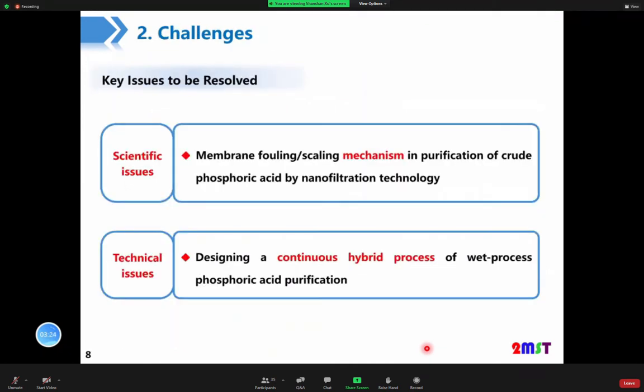Thus, there are 2 key issues to be resolved. The first is the membrane fouling or scaling mechanism in purification of crude phosphoric acid by nanofiltration technology. Another is designing a continuous hybrid process of wet process phosphoric acid purification.